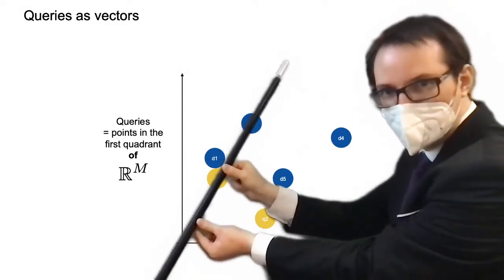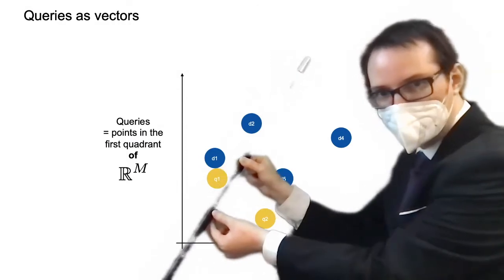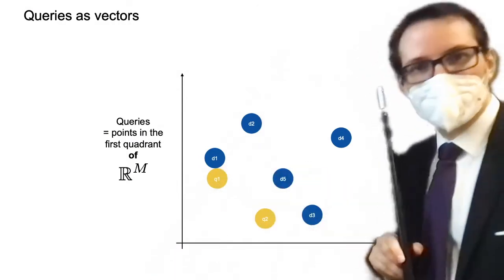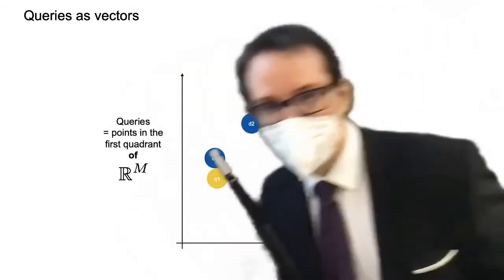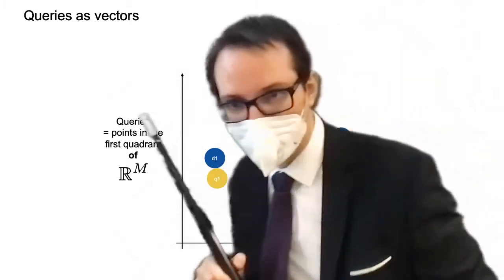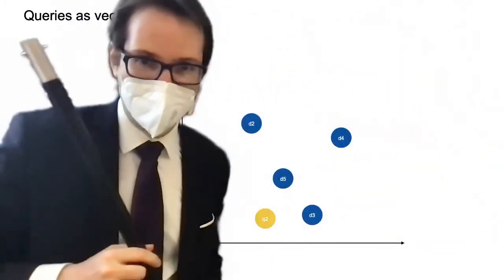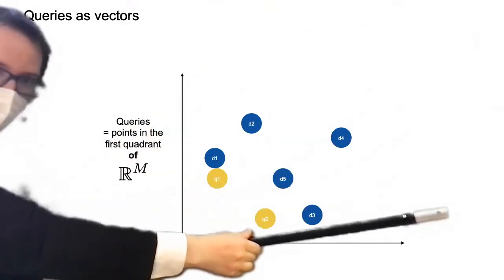Q1, yes, absolutely. D2 is actually incredibly close to Q1. What's the next one that you would return? D1, yes, I see somebody saying D1, absolutely. D1 is not very far away either. So you're correct on Zoom as well, right? And the next one would then be 4 and 5, and then 3.